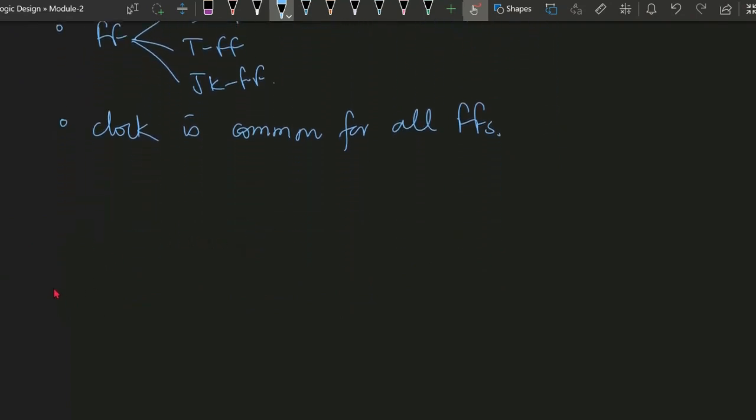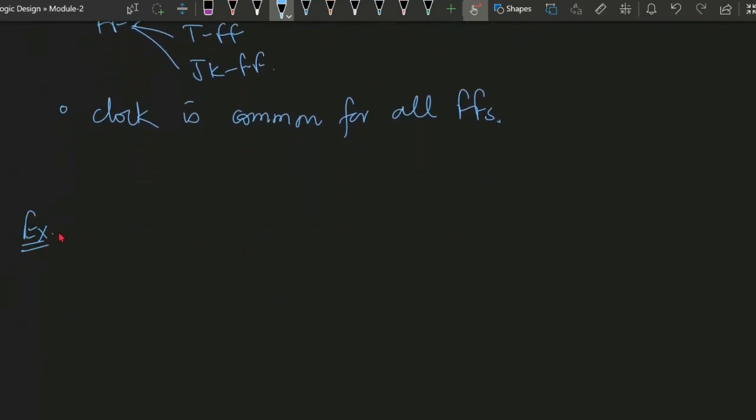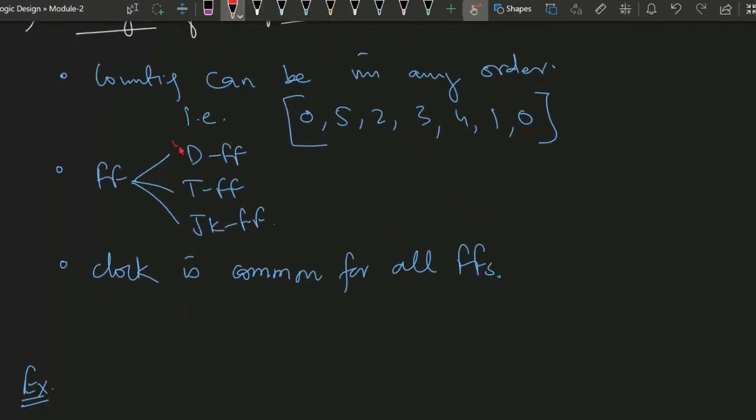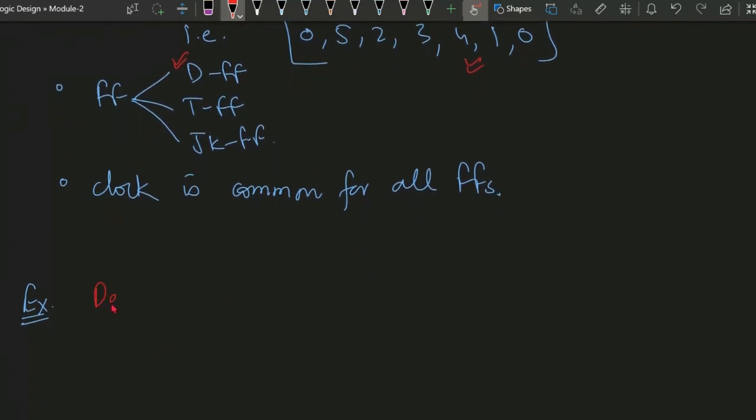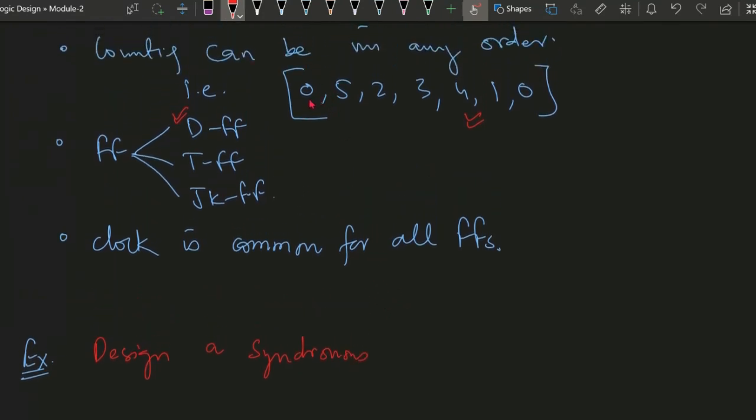So we will be proceeding with an example. Suppose we are using the D flip-flop for designing the sequence. Suppose a sequence is given, the same sequence. The question will be: design a synchronous counter with the following sequence. Here you can look at how many states there are. 0, 1, 2, 3, 4, 5. So in total 6 states are there.